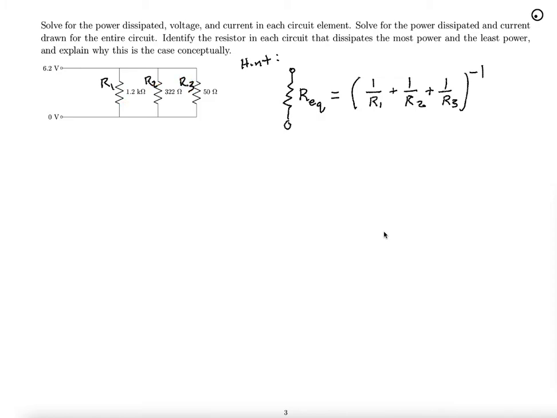So R1 would be 1.2K, R2 322K, and then R3 50 ohms.